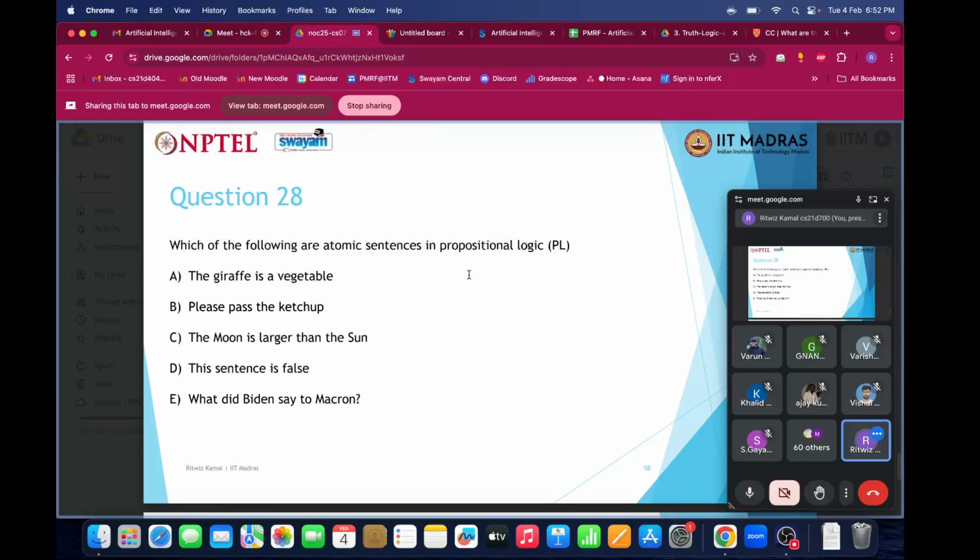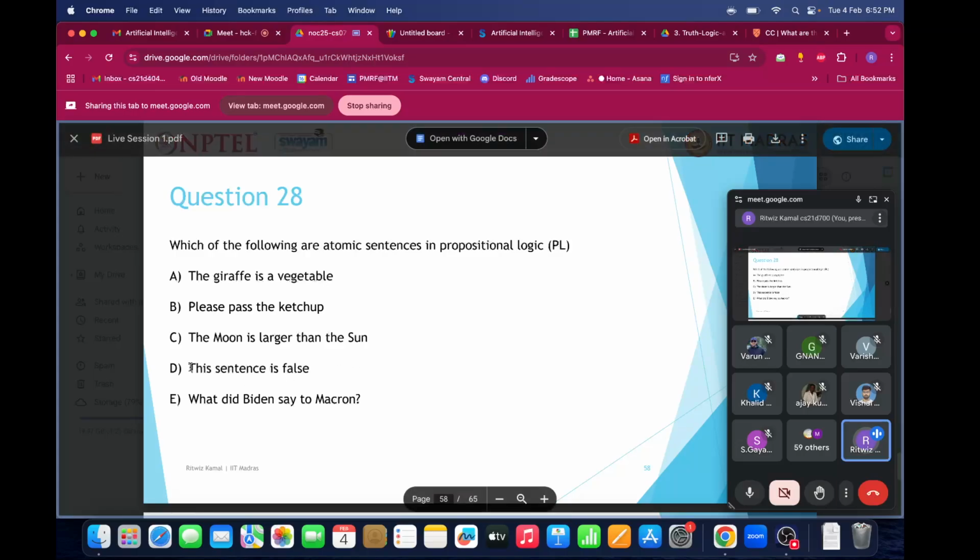As you might infer from the name atomic... Except B and E. What about option D? Remember, this option D says that this sentence is false.